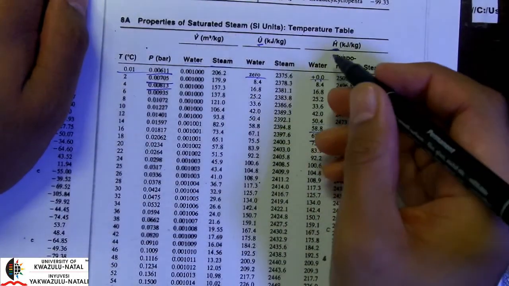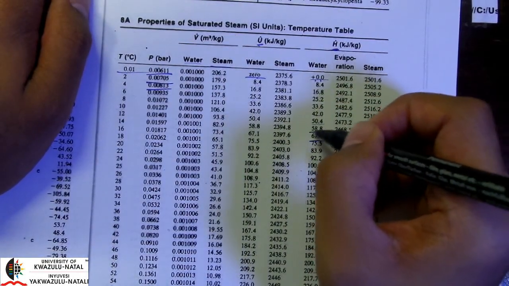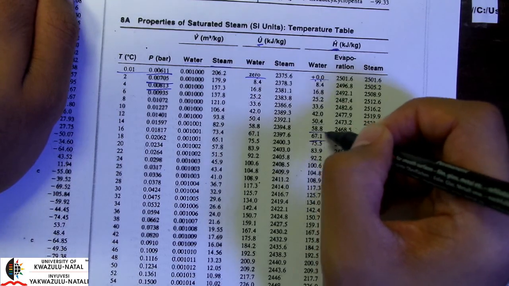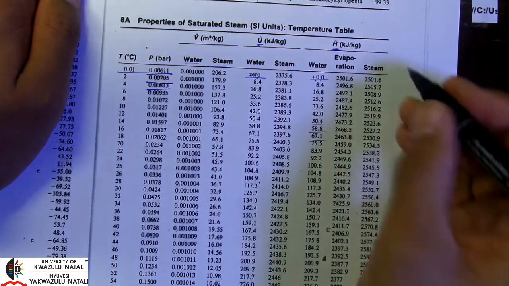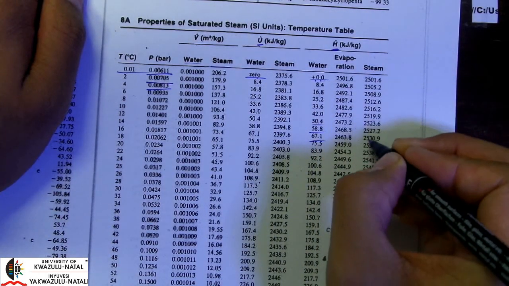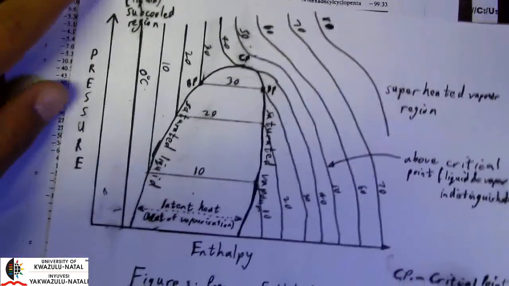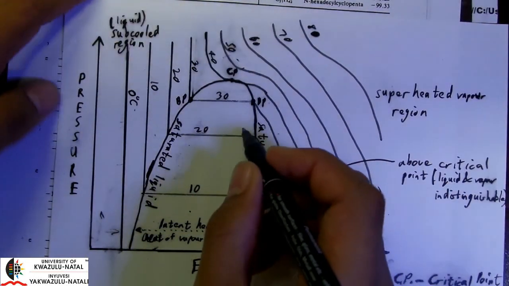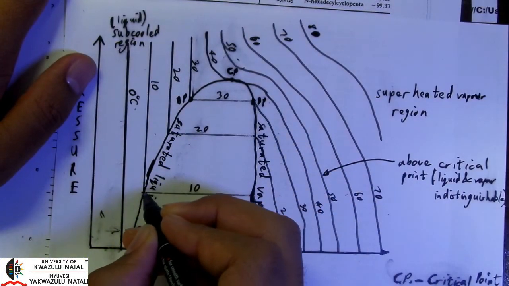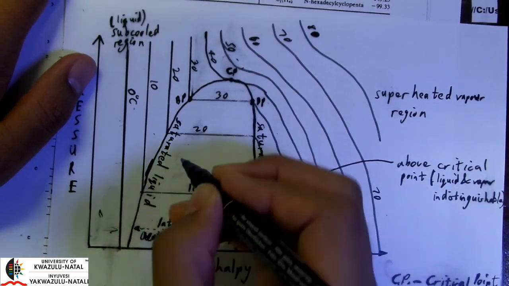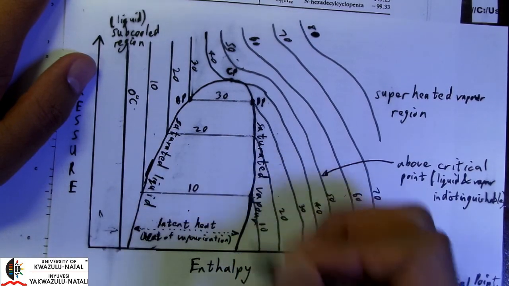Now back to our enthalpy, and as you can see, we have very low enthalpy values for our liquid water, our saturated liquid, and comparatively very high values for our saturated vapor. And this was discussed graphically when we saw a very large enthalpy difference between our saturated liquid and vapor.